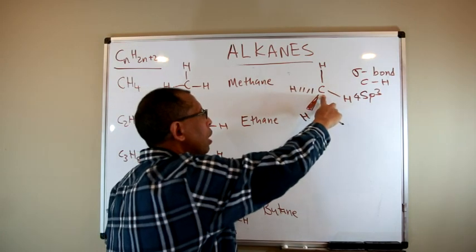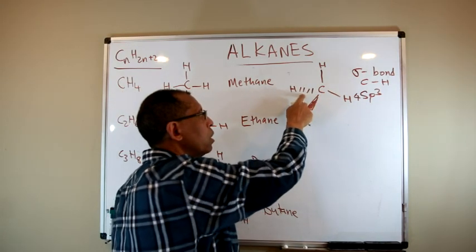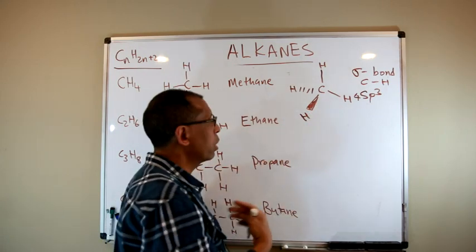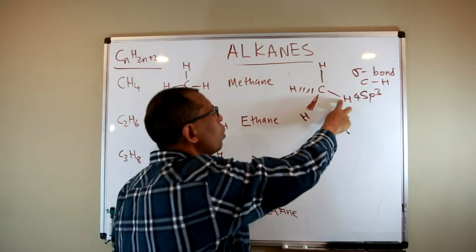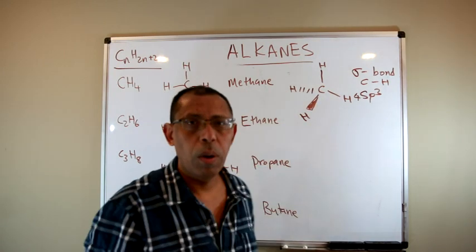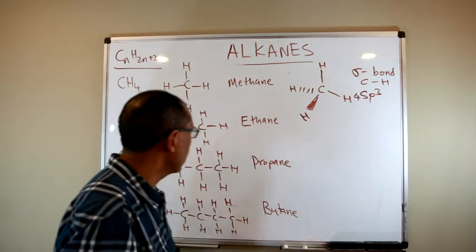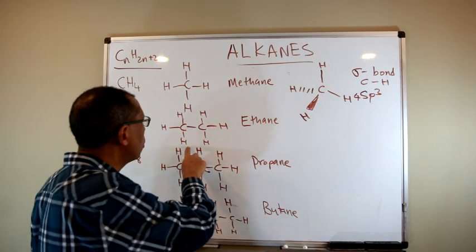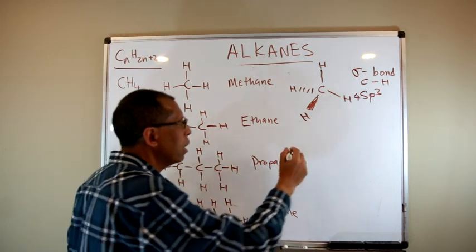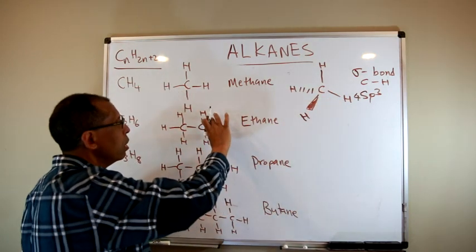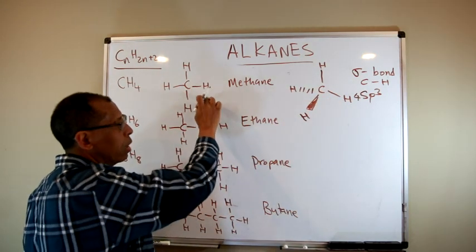You have a central carbon, one hydrogen is going in, the other hydrogen is coming out towards me, and these 2 hydrogens are always on the plane of the board. So that's how you would be drawing. For example, if you were to draw ethane, ethane would be just the addition of one CH3 by removing one of the hydrogens.